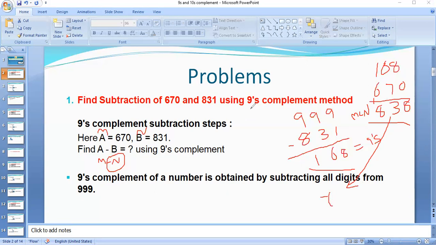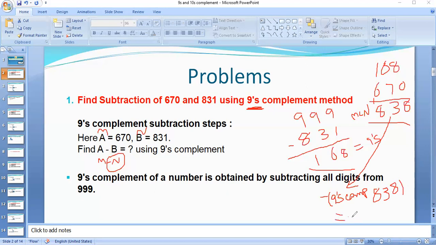So which procedure are we following? The 9's complement method of subtraction. So we have to find the 9's complement of 838. You have to subtract each digit from 9.